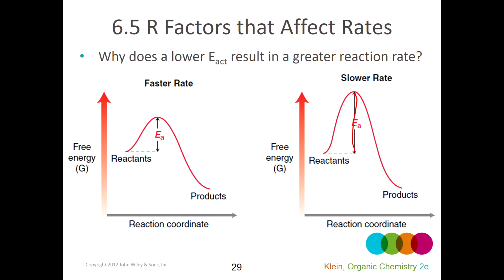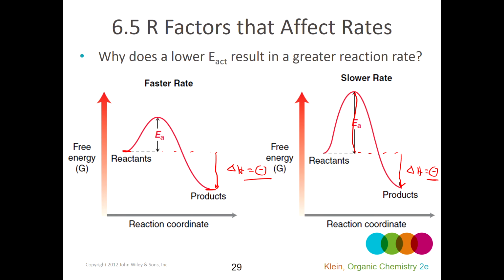Notice that the activation energy is not dependent upon the enthalpy change, right? To go from the starting energy to the final energy, this is a negative delta H. This reaction over here gives me almost the exact same negative delta H. So the size or magnitude and sign of the delta H value is totally separate from the value for the activation energy.